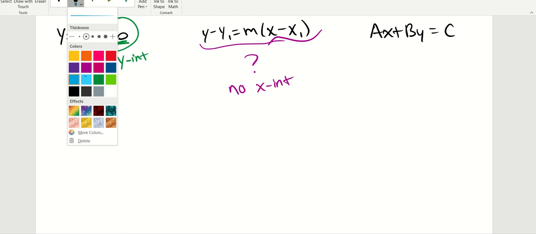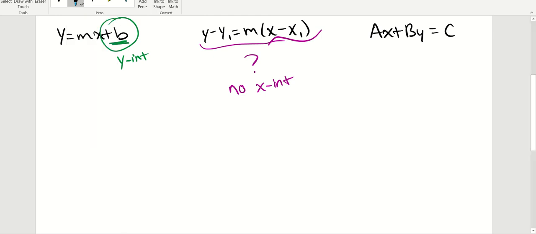And then the standard form was actually meant for you to calculate your intercepts pretty quickly. X-intercepts have a 0 on the y. So for you to find your x-intercept, you will have to substitute a 0 on the y. So you will write it like this: ax plus b times 0 equals c. Anything times 0 is going to cancel.